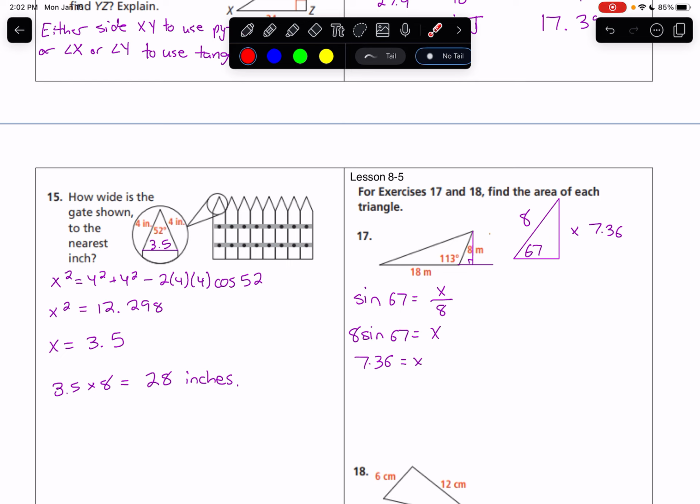And I can find the area of the triangle by doing the base of 18. Remember, I stop the base right here. I don't keep going. So the base of 18 times the height of 7.36 over 2. And that's going to give us a total area of 66.3 meters squared.